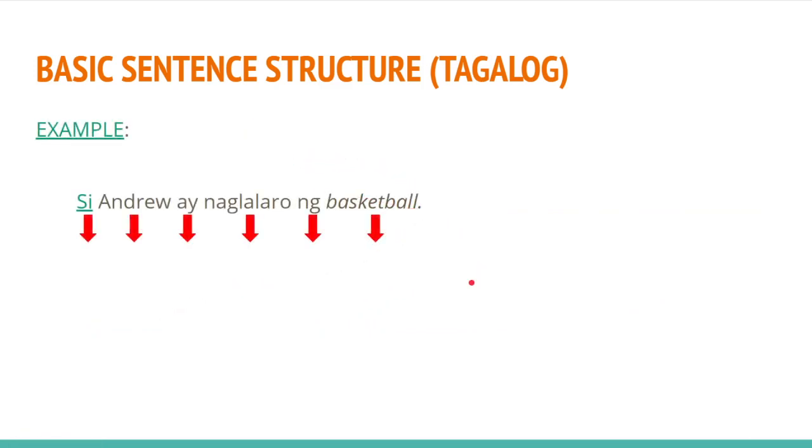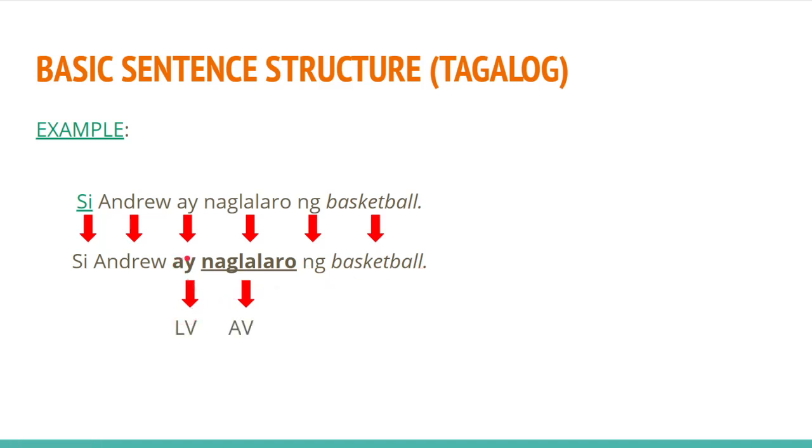"Si Andrew ay naglalaro ng basketball." We bold and underline this verb. As I said earlier, there are types of verbs: the action verb, linking verb, and helping verb, which is also known as the auxiliary verb.